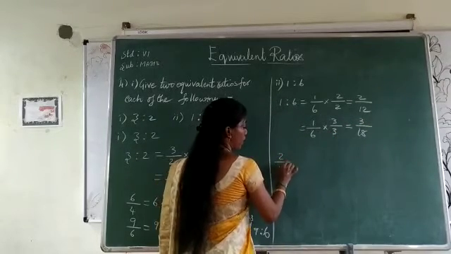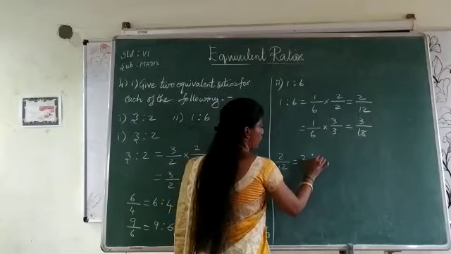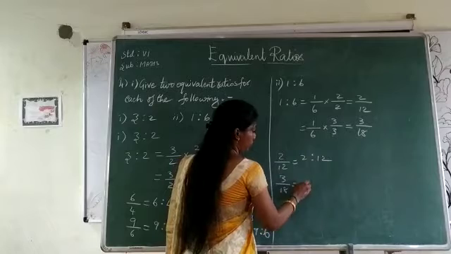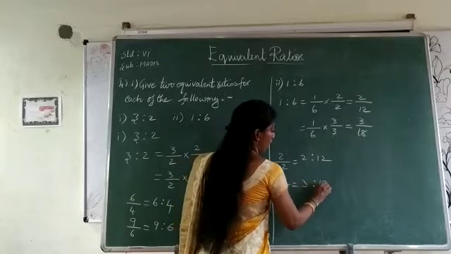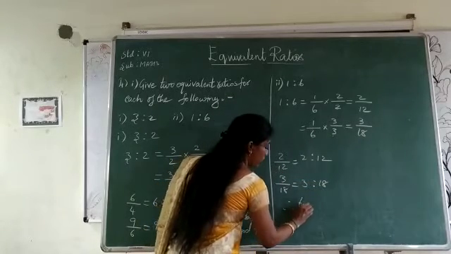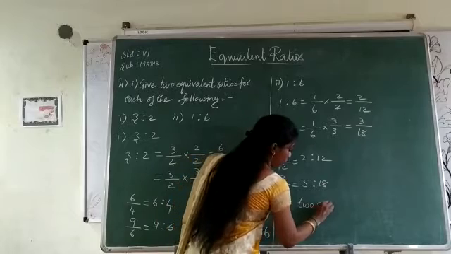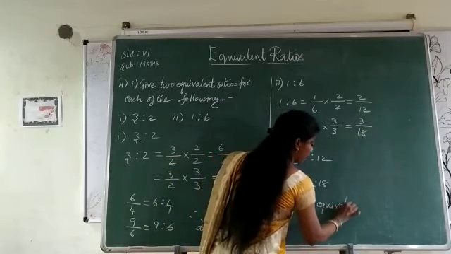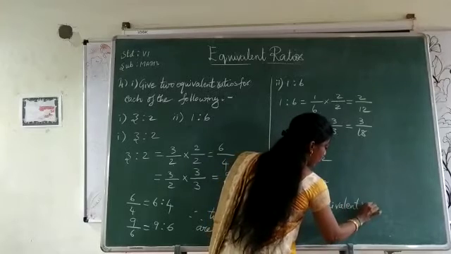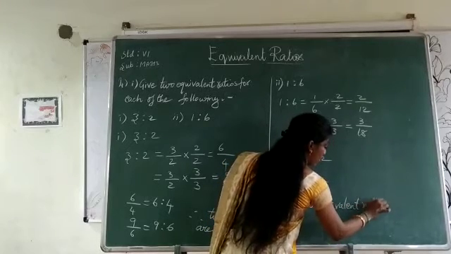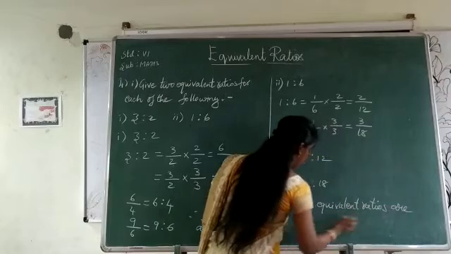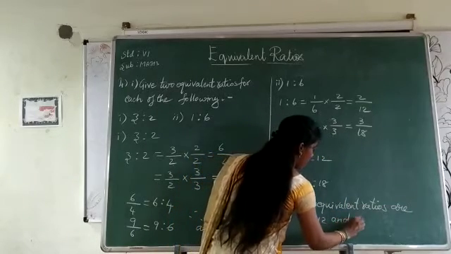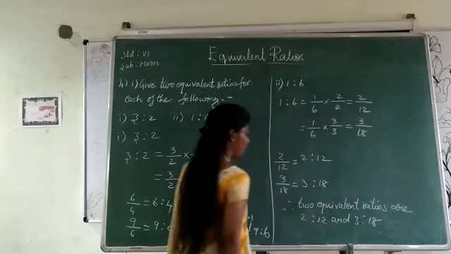So 2 by 12 in ratio format is 2 is to 12, and 3 by 18 is 3 is to 18. Therefore, the two equivalent ratios are 2 is to 12 and 3 is to 18.